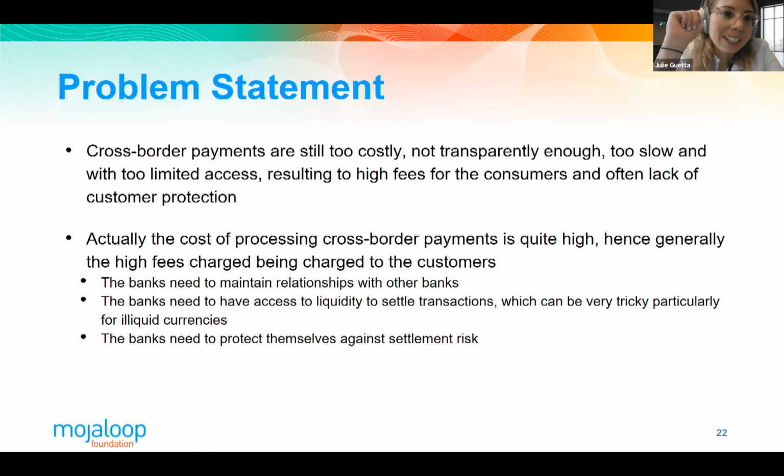If this transfer happened directly between Michael and me, I'm running a risk that if I give my Singapore dollars first to Michael, he may run away and never give me my GBP, right? This is the settlement risk that is priced by banks. Depending on the currency involved in the foreign exchange conversion, this risk can be quite high, and so the cost of the payment is quite high.